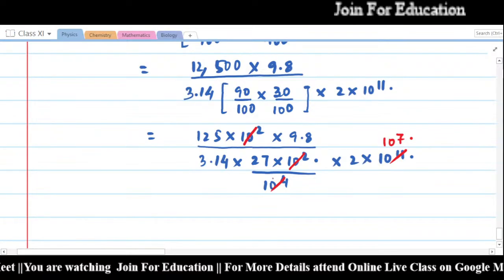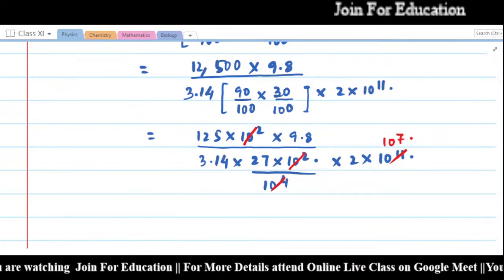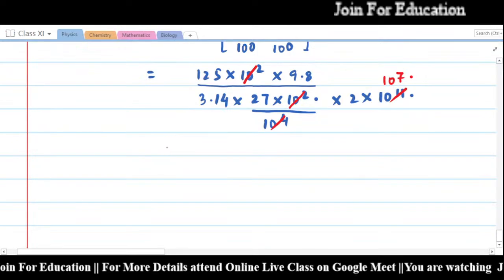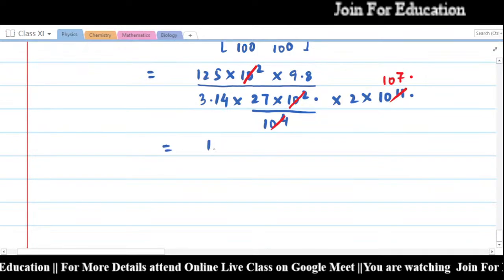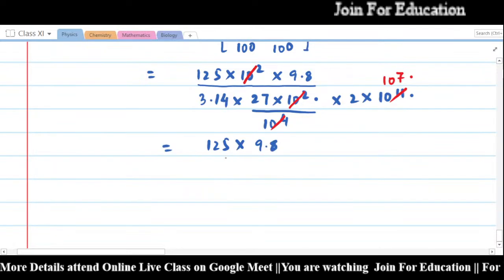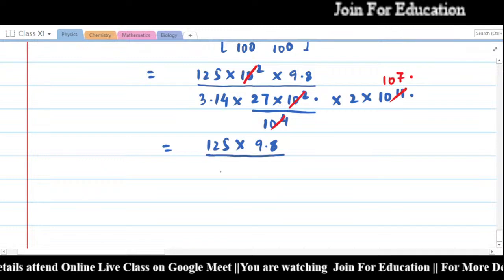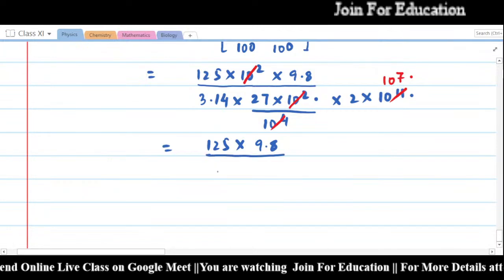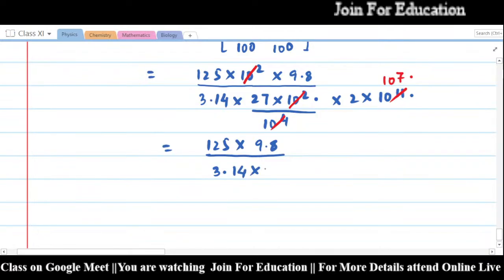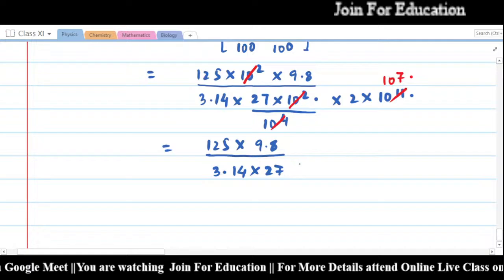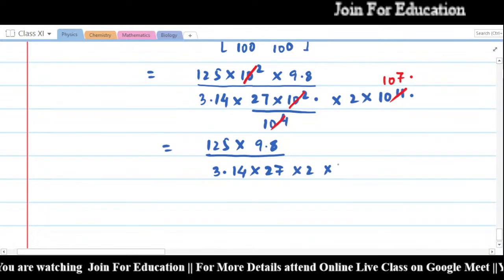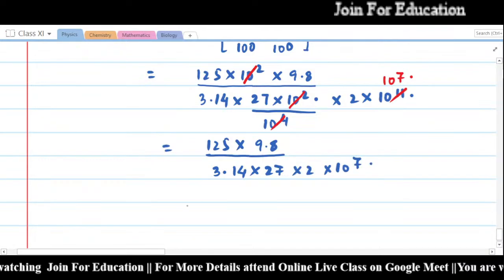So in the next step here we get 125 into 9.8 by 3.14 into 27 into 2 into 10 to the power 7.